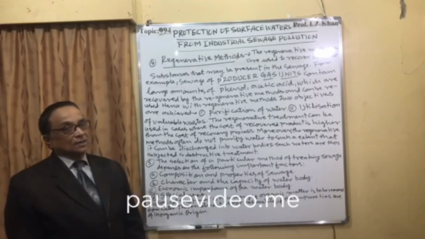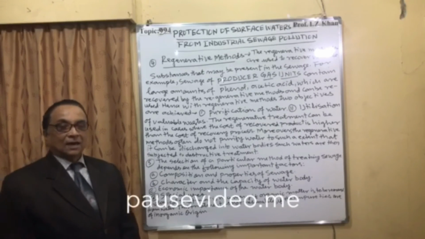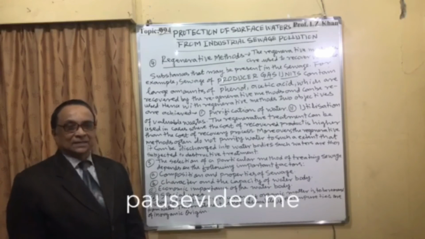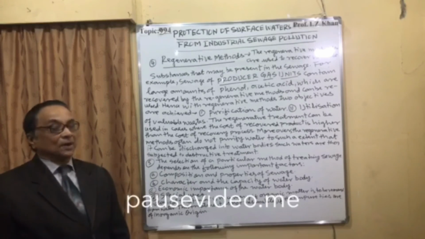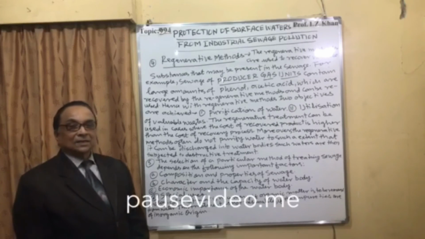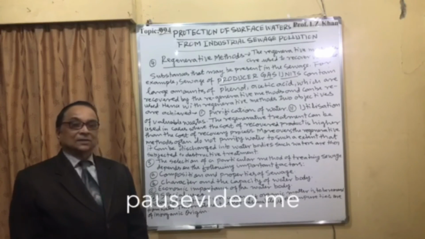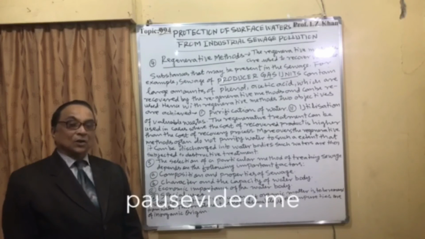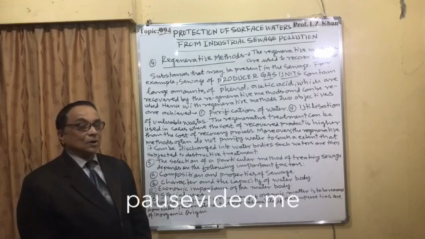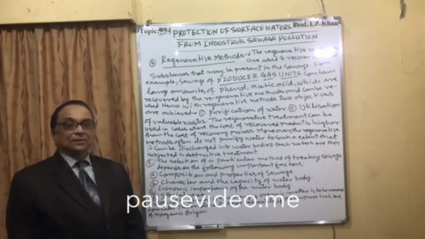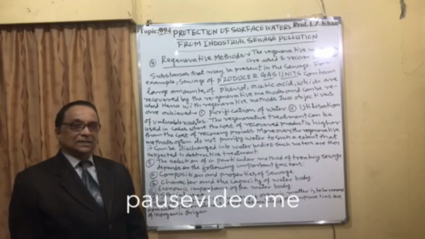So for inorganic impurities we have to follow some other methods, either precipitation or treating with different types of chemicals to make them salts, or to convert them into different types of compounds which can be filtered out. There are many methods, so we will be discussing them one by one.